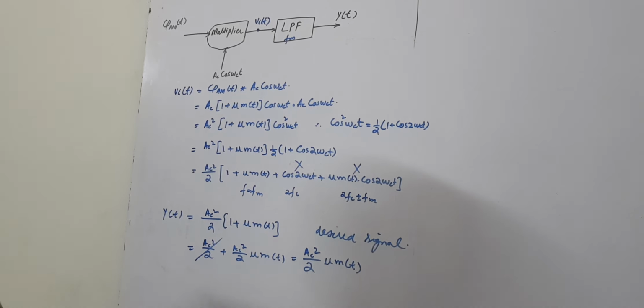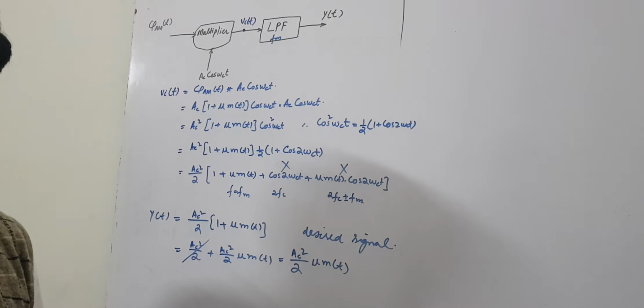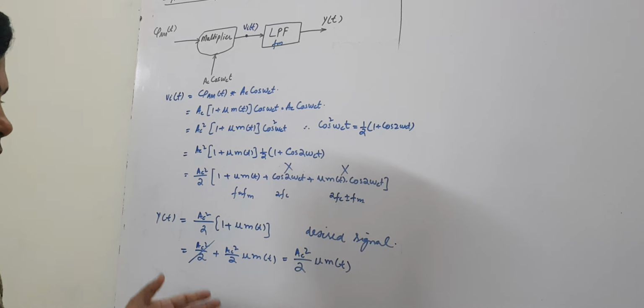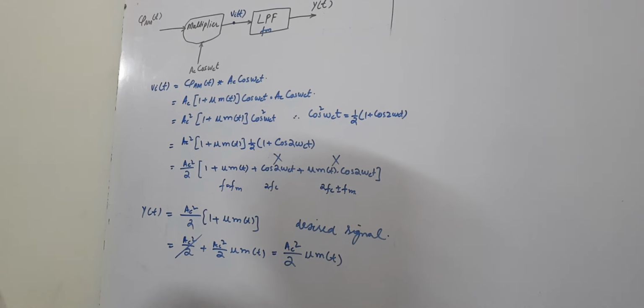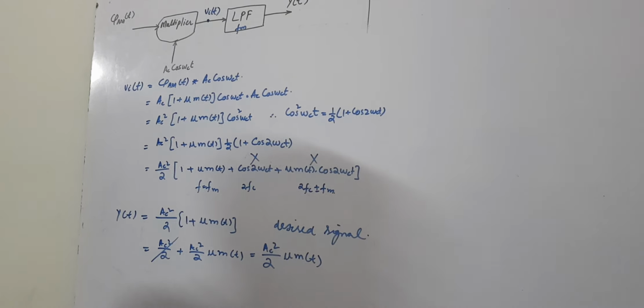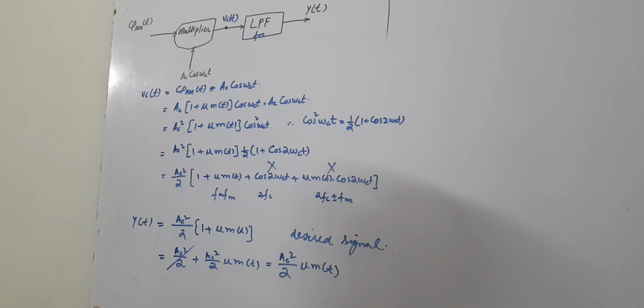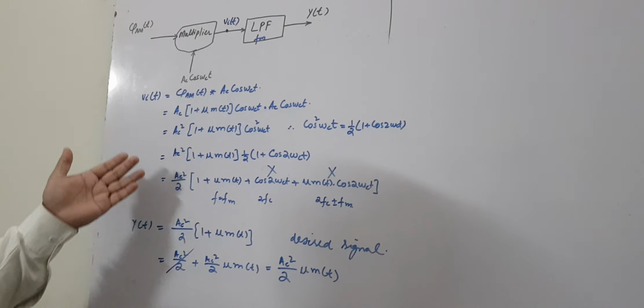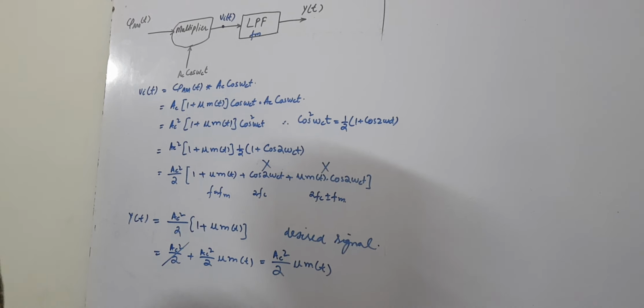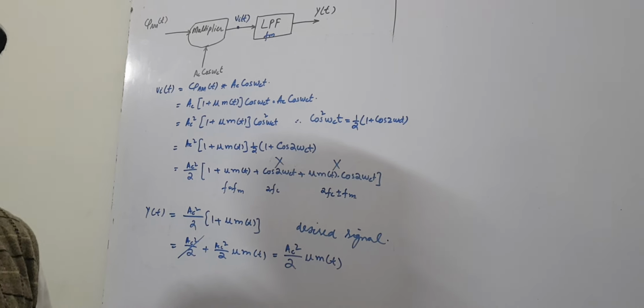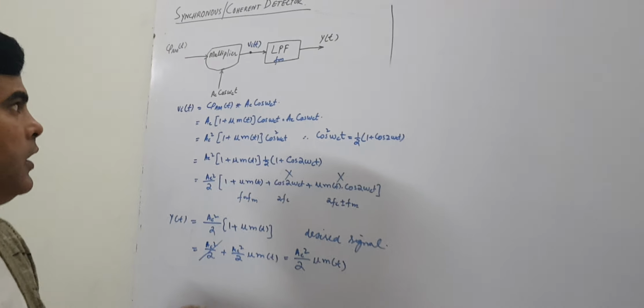Otherwise this circuit is very easy to use, and we can use this type of circuit for point to point communication where you have only one transmitter and one receiver. So if we have only one transmitter and one receiver, then it is better to use the synchronous detector rather than other detectors.